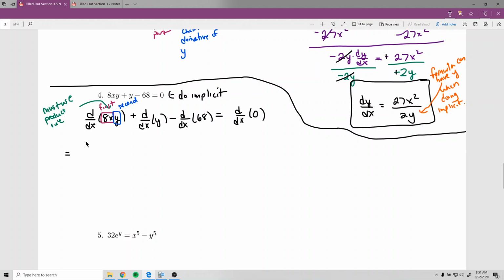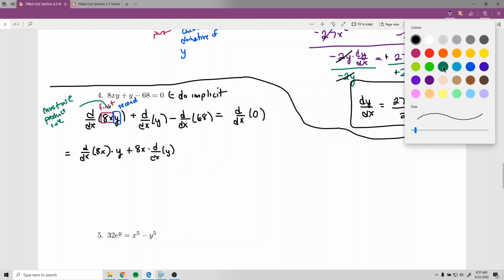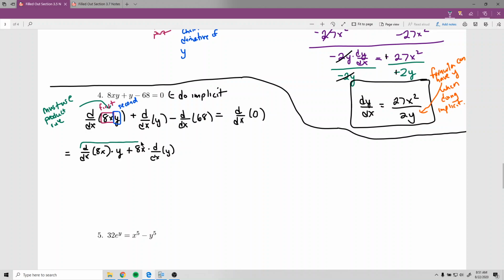Let's go ahead and write down the product rule. It says we do the derivative of the first times the second plus the first times the derivative of the second. That's the whole product rule part. So just to avoid confusion, that came from this. And then we're just bringing the other two down.